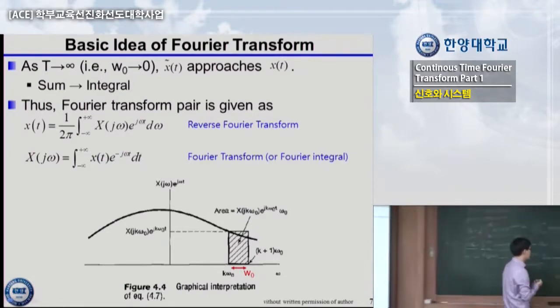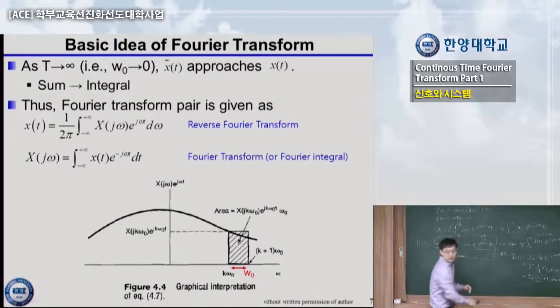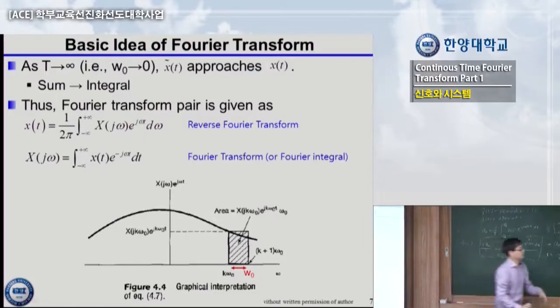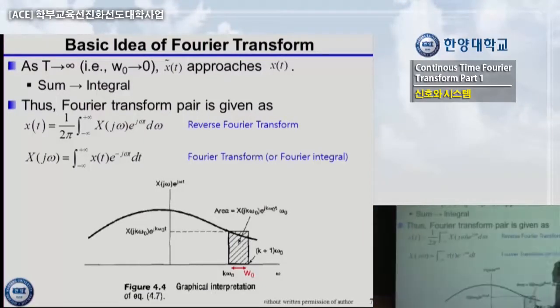In that case, if the spacing goes to infinite, let's have an example. Let's say this is the graph. Let's say this is our envelope, which is the line we want to find out. And we pick up this point and this point.